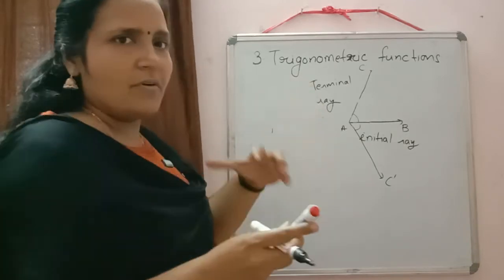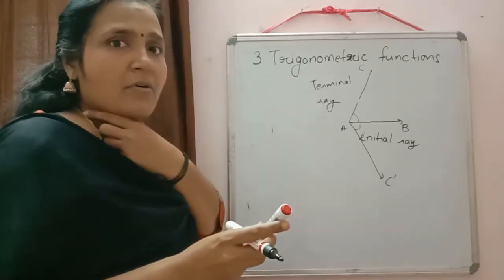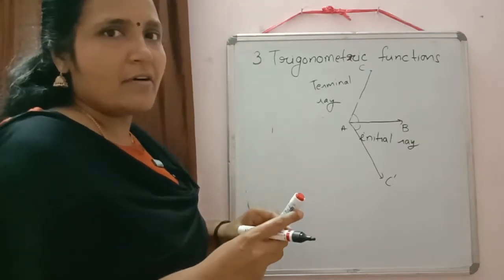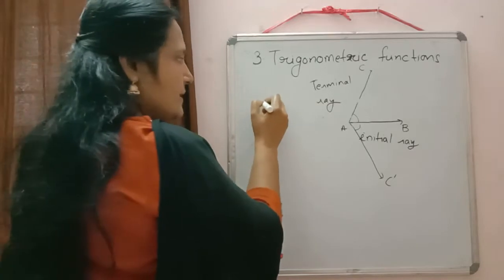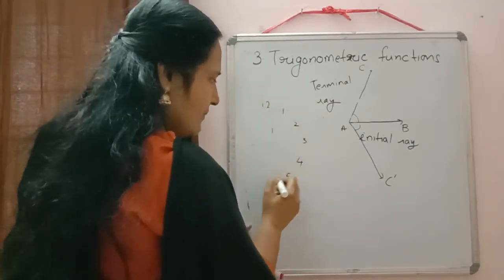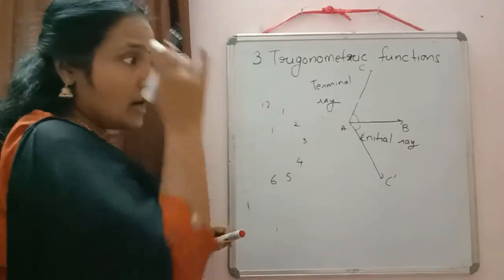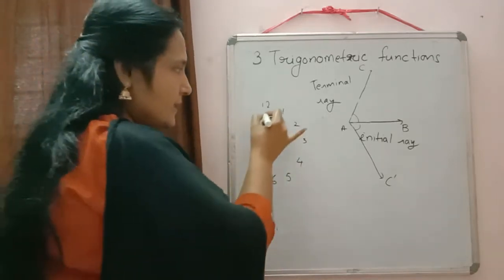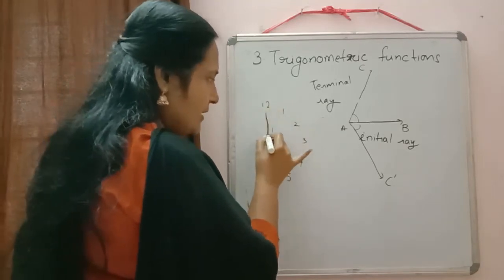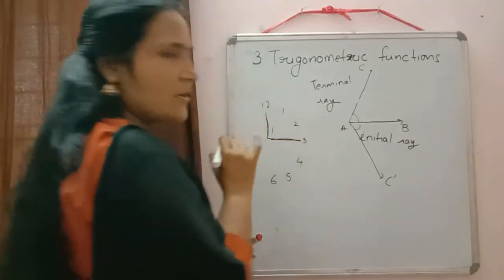Okay. Now all of you have seen a clock at your home. Just observe the pattern of the clock. Suppose at present the time is 12:15. So how will 12:15 be represented here? The hour hand will be somewhat at the point 12, and the minute hand will be at 3.